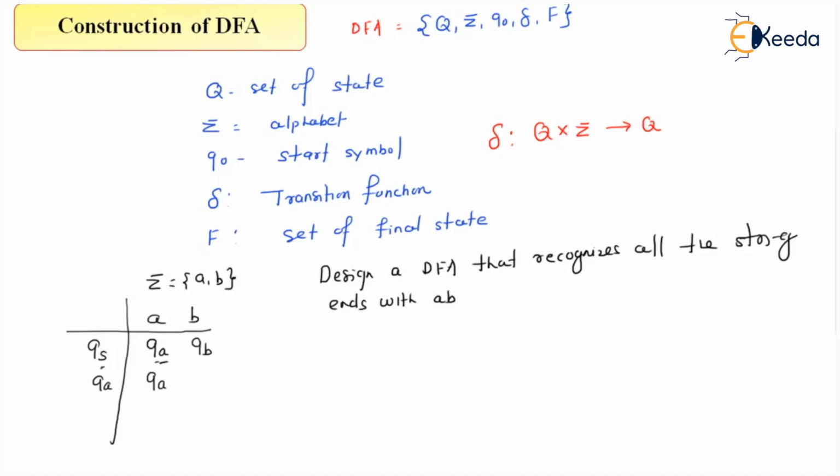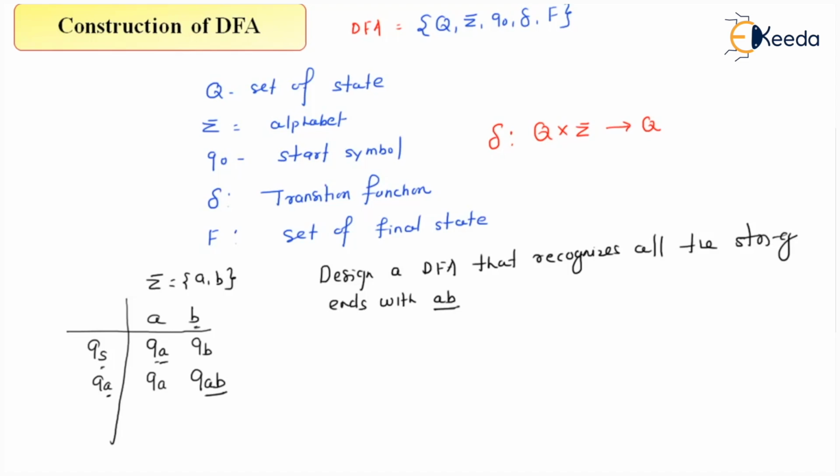Okay, so QA on input A goes to QA, QA on input B: now A followed by B. The last is A, and then the next symbol coming is B, and that we want to recognize. So this will become QAB.